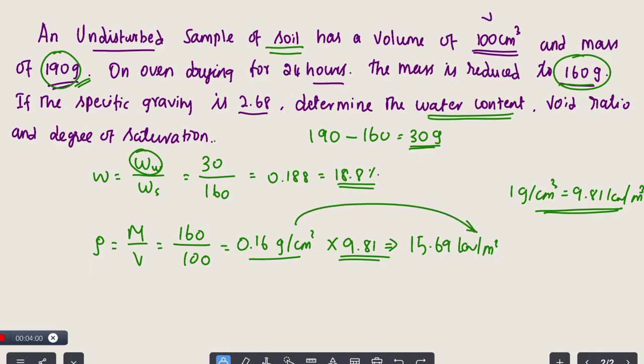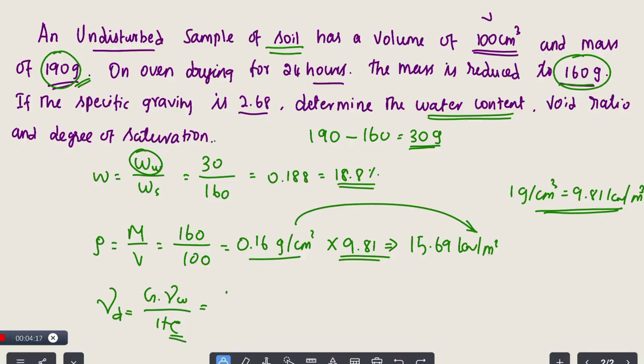Next, we use the formula gamma D equals G into gamma W divided by 1 plus e. We substitute all the values in this formula to get the void ratio, e.